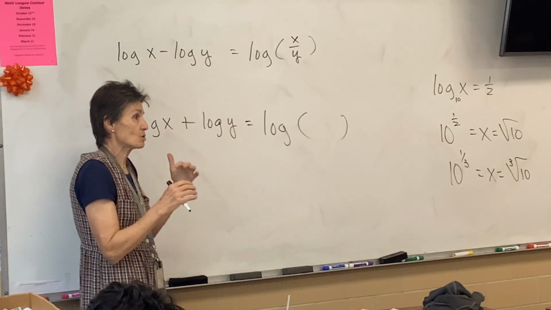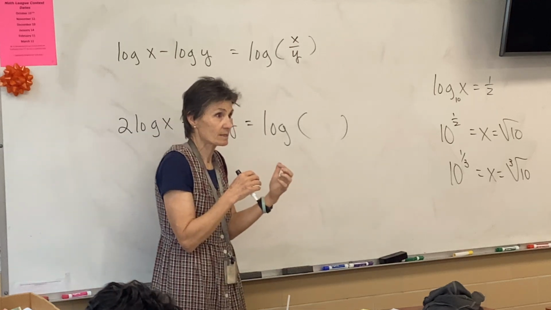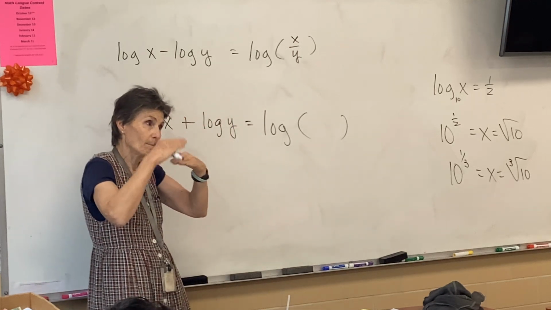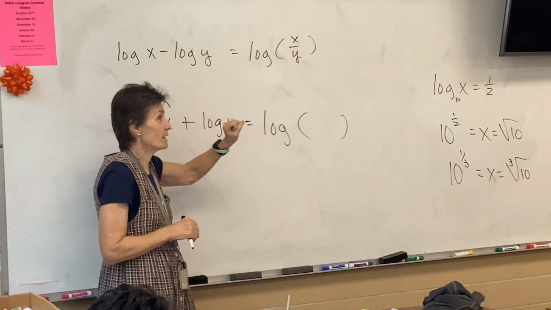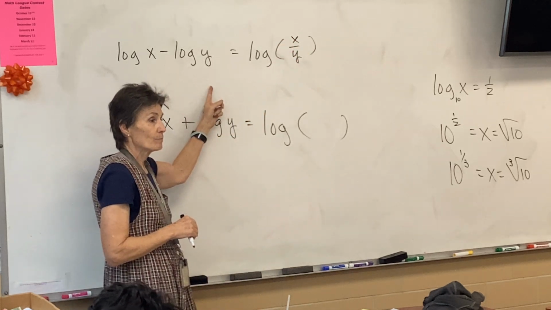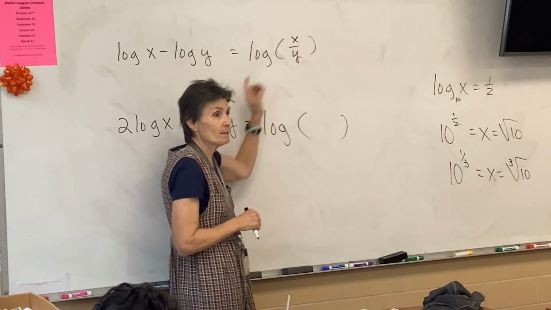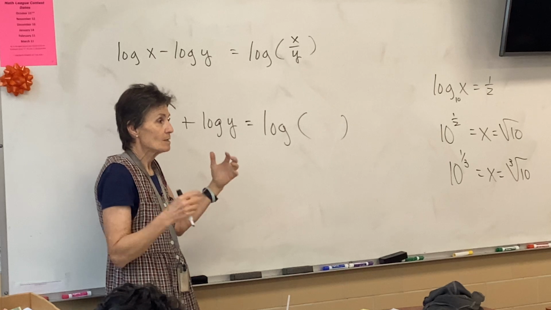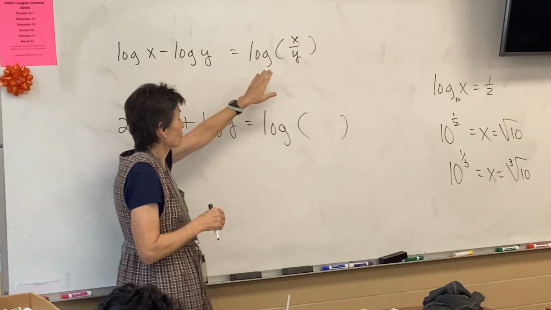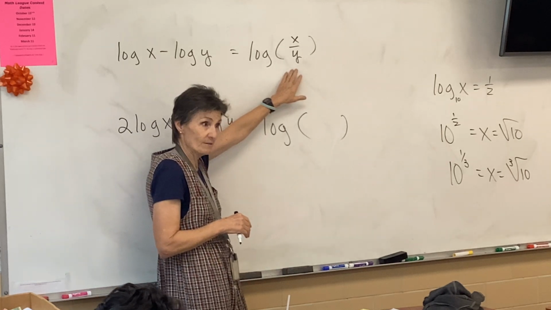This correlates to what you know about exponents. In a division problem, what do you do with the exponents? Subtract. In a division problem, you subtract the logarithms. The properties are the same. So when you're going to put it together, these are going to go together as a division.